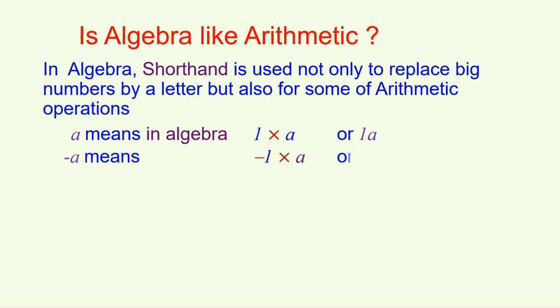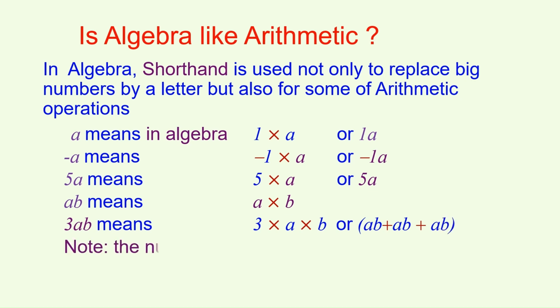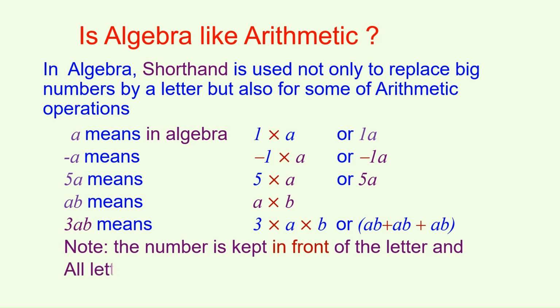Minus A means minus 1 times A, or minus 1A. 5A means 5 times A. AB means A times B. 3AB means 3 times A times B, or AB plus AB plus AB. Note: the number is kept in front of the letter, and all letters in variables are in alphabetical order.